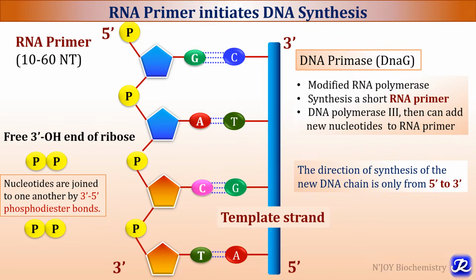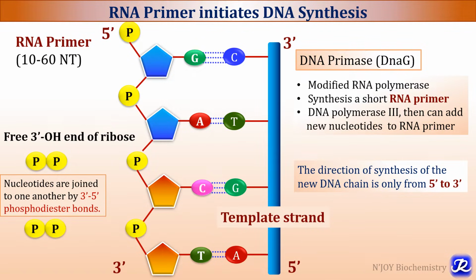The direction of synthesis of the new DNA chain is from 5' to 3', because DNA polymerase can add a new nucleotide at the 3' end of the previous ribose or deoxyribose sugar, and that's why DNA synthesis occurs in the 5' to 3' direction. At each step of lengthening of the new DNA chain, DNA polymerase finds the correct precursor, that is the deoxyribonucleotide triphosphate, that can form a complementary base pair with the nucleotide on the template strand of DNA.